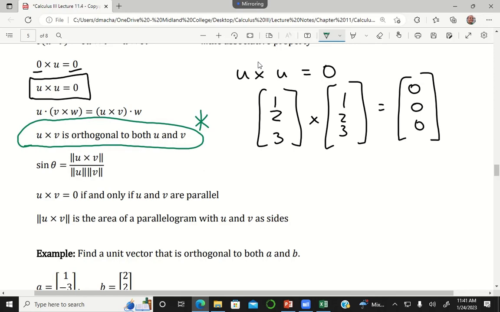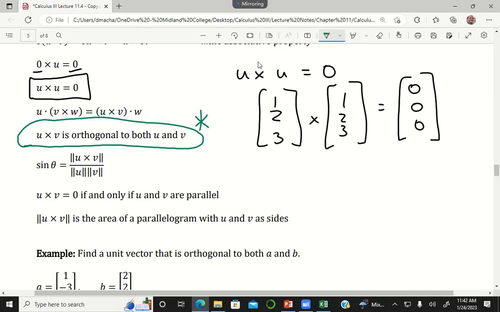A way of thinking about this, since u and v have to be three-dimensional vectors, like if you point with your index finger, right, and then you extend your middle finger so that it's at a 90-degree angle, okay, like this, that would be like a u and a v vector. These are orthogonal to each other because you see the 90-degree angle. Another orthogonal vector would be like if I extended my thumb, right?